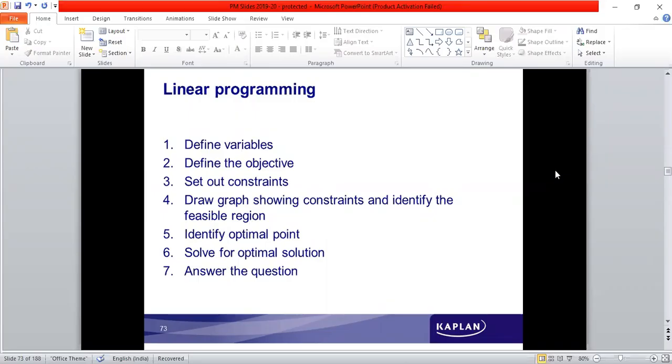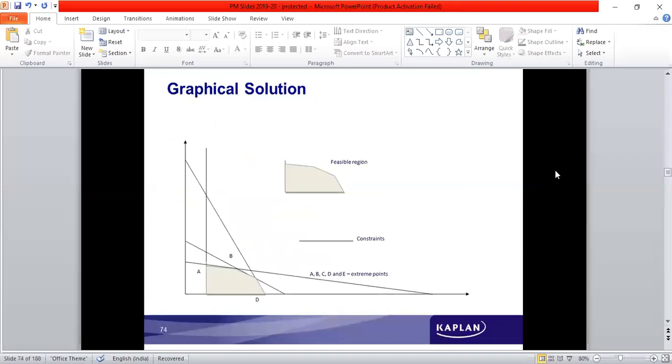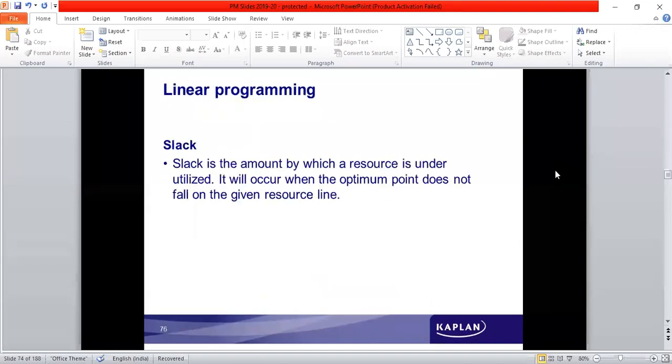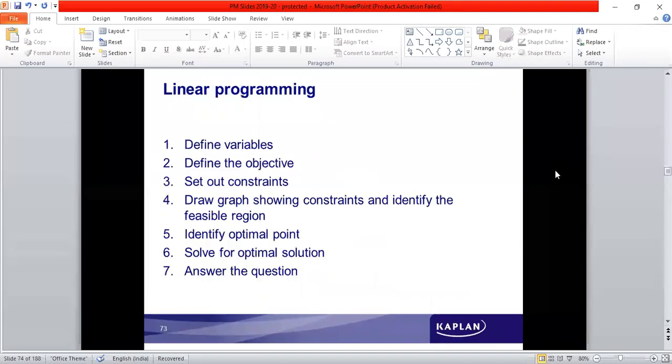This is mathematical in nature, but we do not need the advanced simplex method. Mostly, according to the syllabus, we depend on the graphical method.